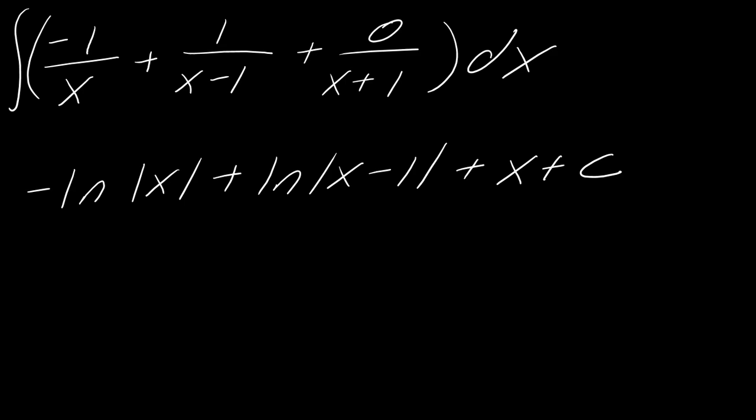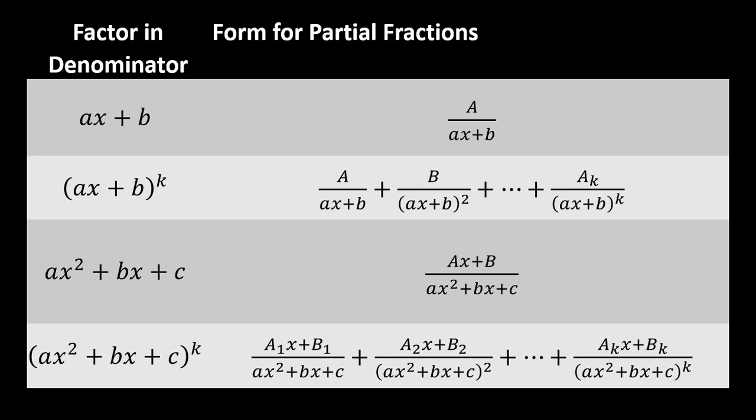Okay, cool. So let's summarize now. I didn't do the last part of this because it's a little redundant and not needed, but I think you see the pattern. So when you have an individual linear factor, something with just an x in it, then each independent linear factor gets its own fraction, so a over x plus b. Each time you have a unique one, it gets its own fraction.